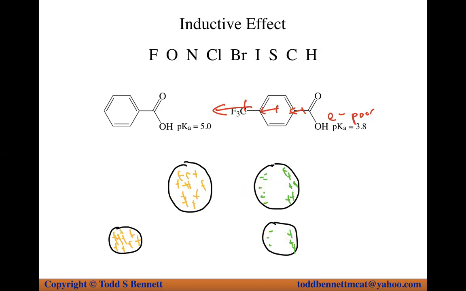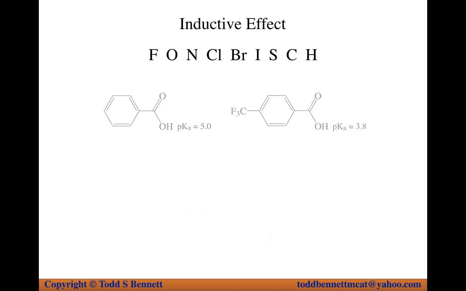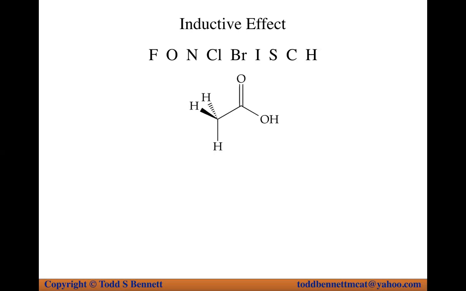Okay, so we'll look at that. Here we have the baseline we want to compare to. This is acetic acid, a carboxylic acid group and a CH3, drawn being a little bit specific about stereo, in and out.